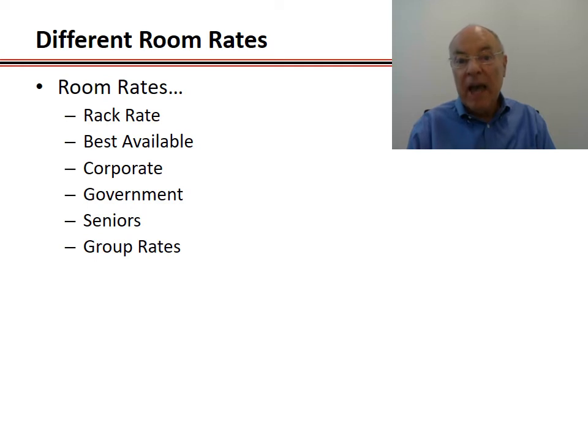So in a very high-end expensive hotel, you might not have very many rooms available at a government rate, even if you had it available. You might say, well, I'm sorry, government rate is sold out for tonight. Senior rates, which many hotel groups have, fortunately I can take advantage of those, but I can tell you that a lot of times they're not available during the time that you want them if it's a popular time.